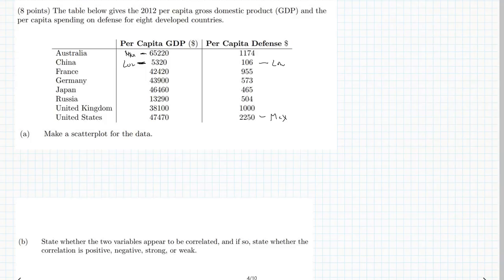Because we're going to make an X and Y axis, and there is no causation distinguished here, so you have some freedom. So that means we'll put per capita GDP on our x-axis, and this is in dollars.